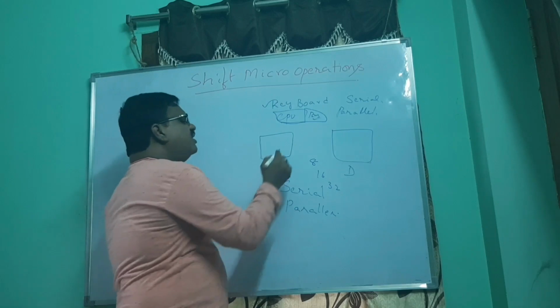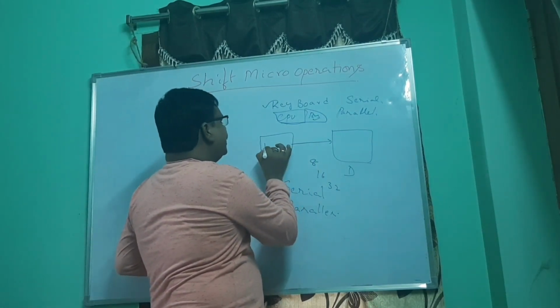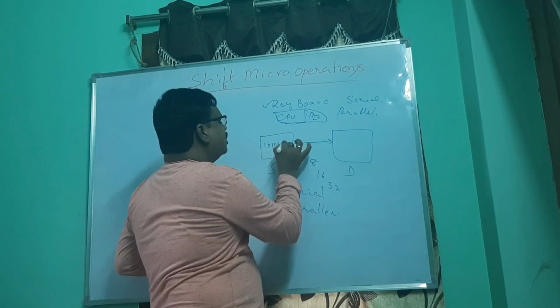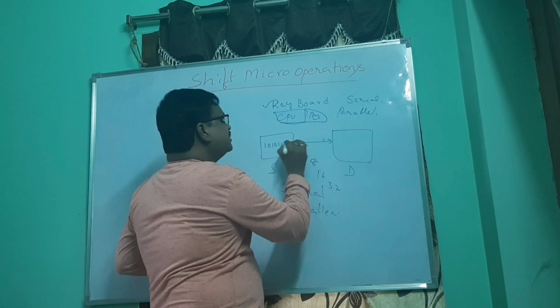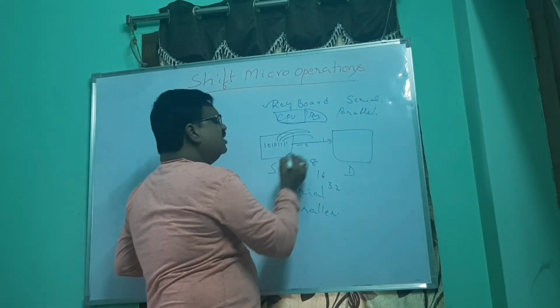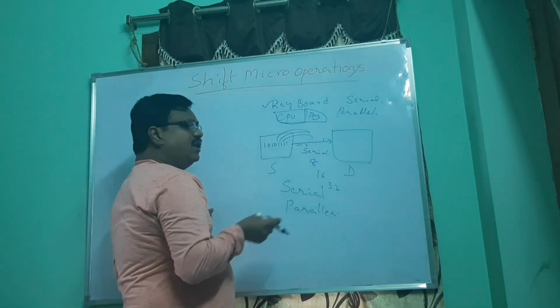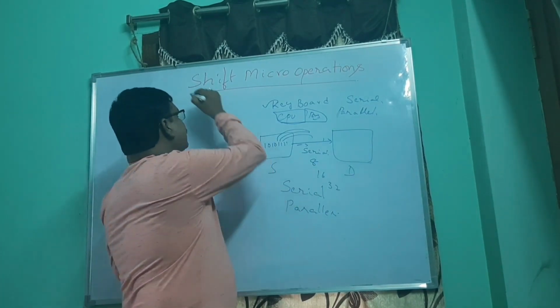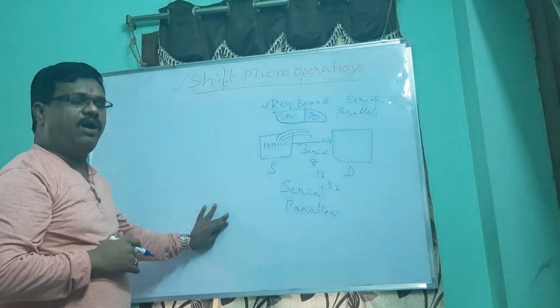So whenever you want to transfer the data one by one, first this one, then the next, and the next, this is called serial data transfer mode. In that type of situation, we use the shift micro operations.